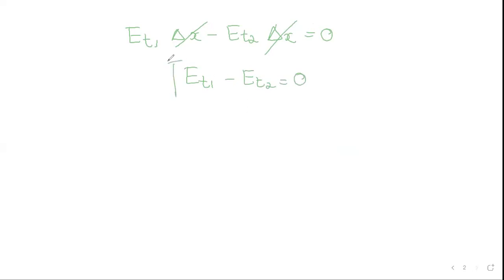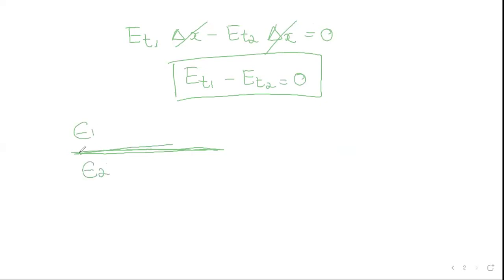Now, what have I proved over here? What I have proved is that if I have a dielectric media and it has this interface, and there is an electric field which comes across, the tangential components will cancel out at the interface. This is what we have proven here.